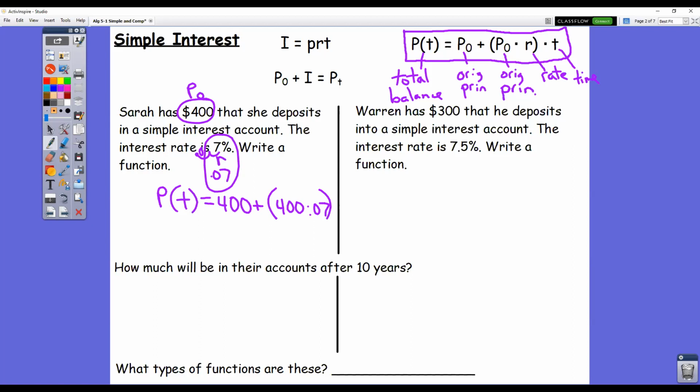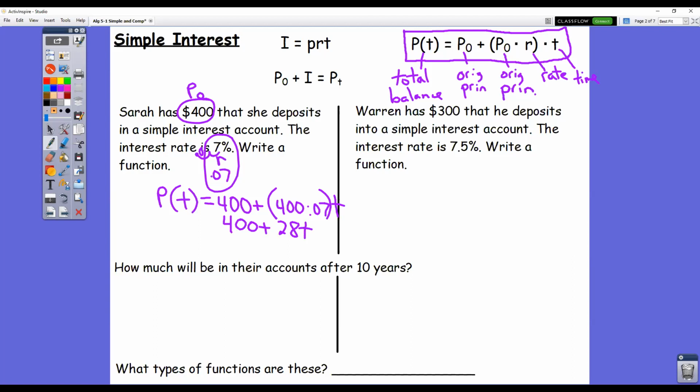Now, we're not given the time. We're just going to leave it as t for our function. So we can multiply 400 times 0.07. That is 28. So what we really have here when we multiply what's inside the parentheses is plus 28t.